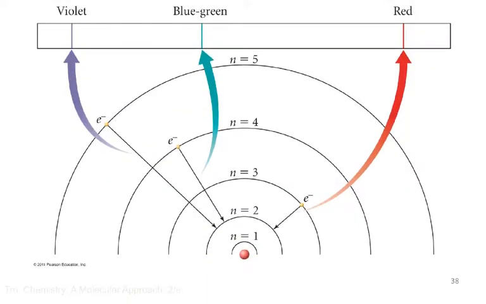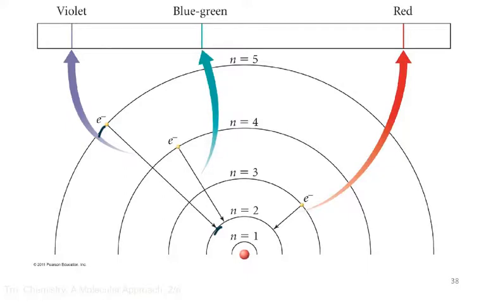So here's a better picture than the one I just drew. You have the nucleus here. You have these different levels, n equals 1, n equals 2, n equals 3, n equals 4, n equals 5. Say when an electron jumps from n equals 5 down to n equals 2, that difference in energy in a hydrogen atom corresponds to a photon with a wavelength in the violet range.